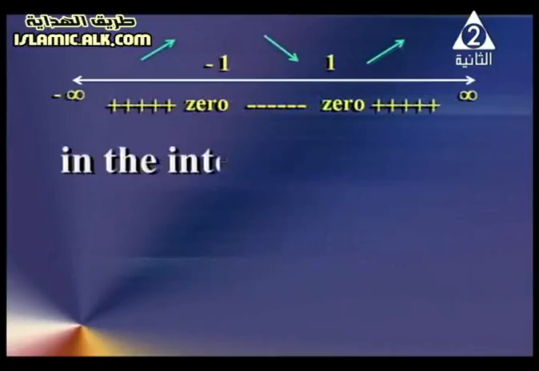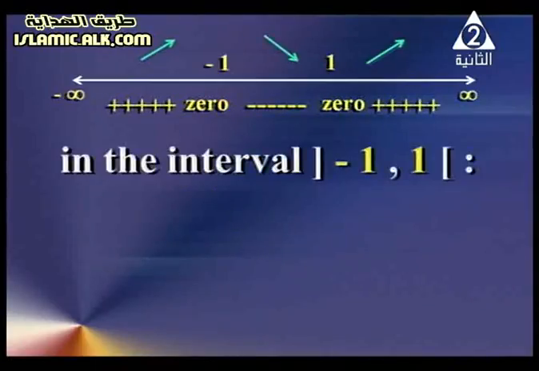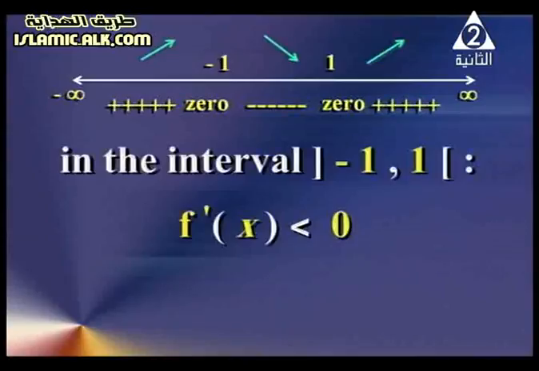Second interval, from negative 1 to 1, open interval. Take any number belonging to negative 1 to 1, such as 0. Then f dash x must be smaller than 0, which means negative.